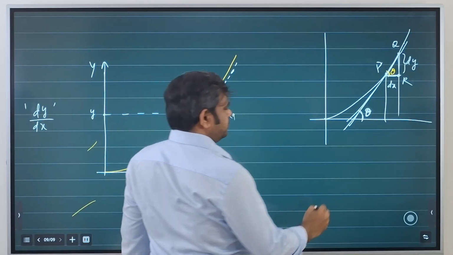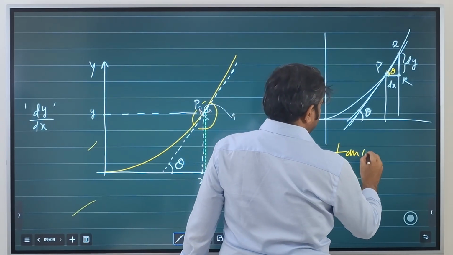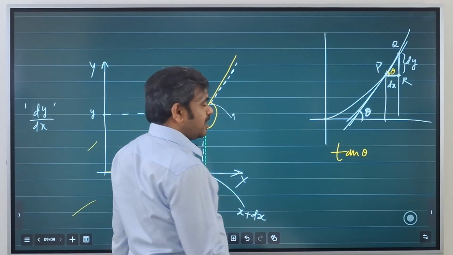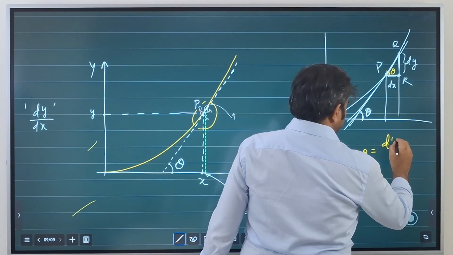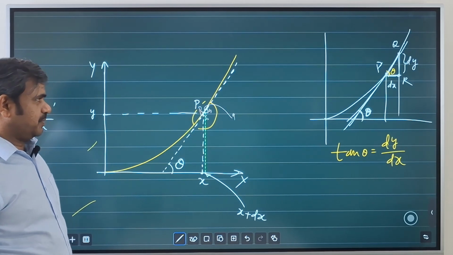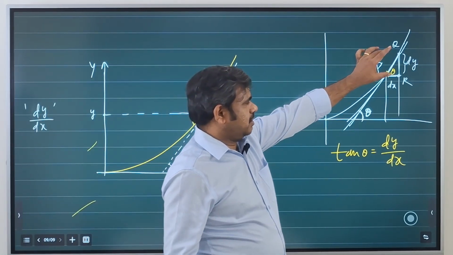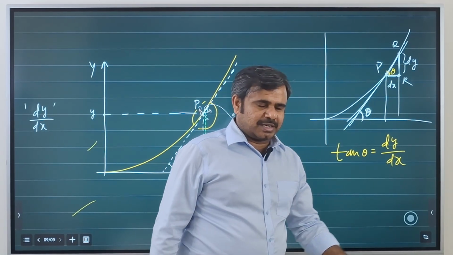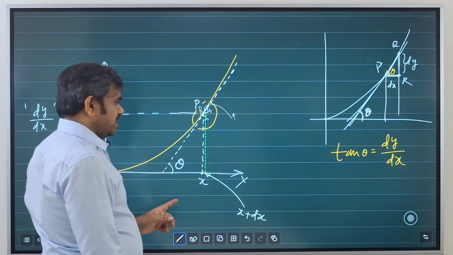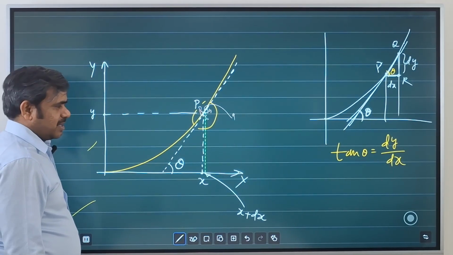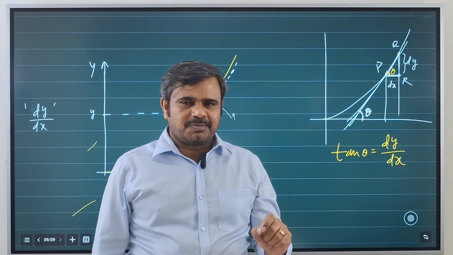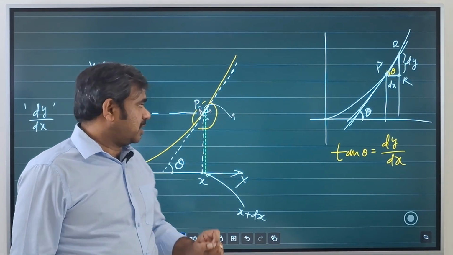In the right angled triangle PRQ, tan theta is equal to dy by dx: vertical side by horizontal side, opposite side by adjacent side. So tan theta equal to dy by dx is the rate of change in y with respect to x at that particular point.